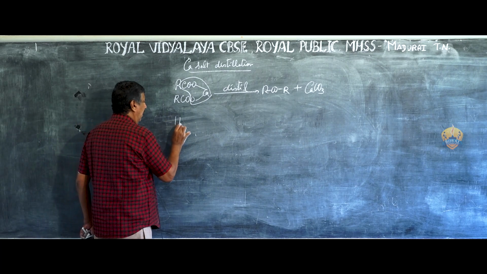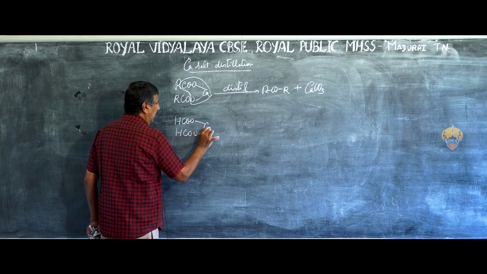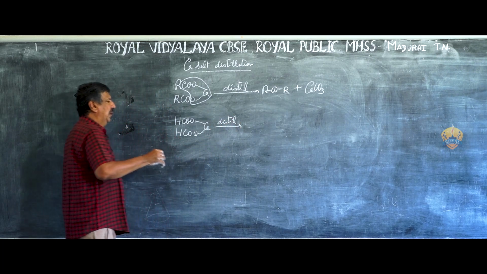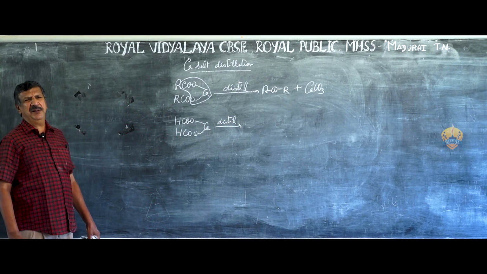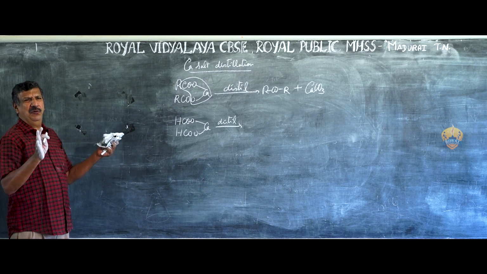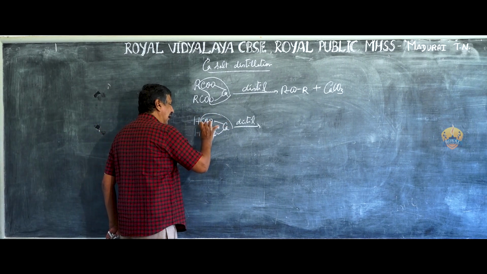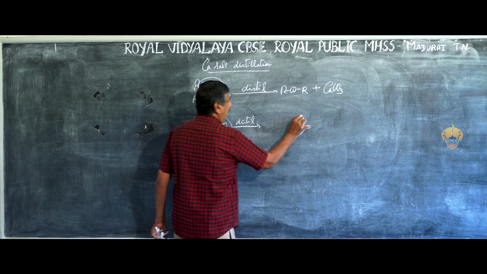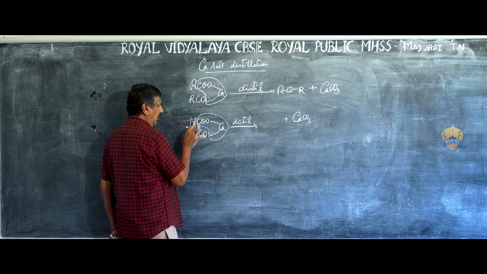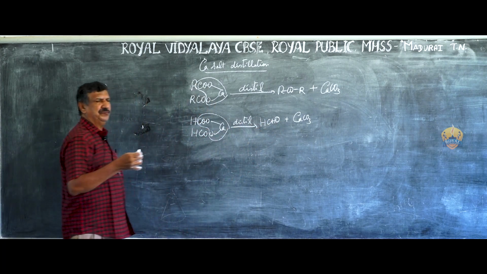Now, if you want, I will apply it for calcium formate. If you ask me suddenly what product is found when calcium formate is heated, I will tell you I don't know anything about it. But I will go slowly from my basic one. You remove the calcium carbonate first, find the remaining compound, and by seeing the remaining compound, you write like this.